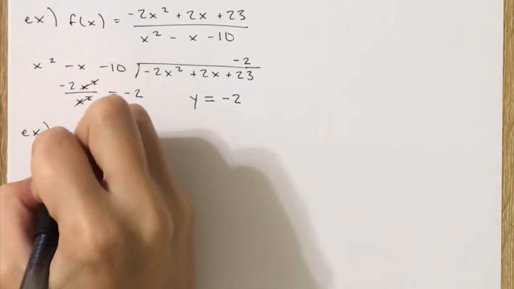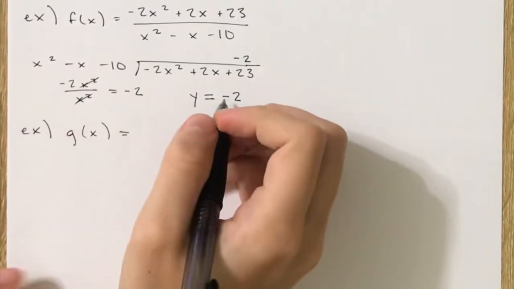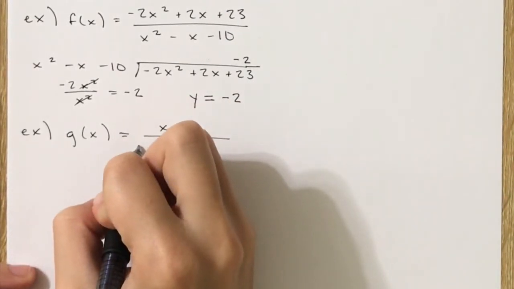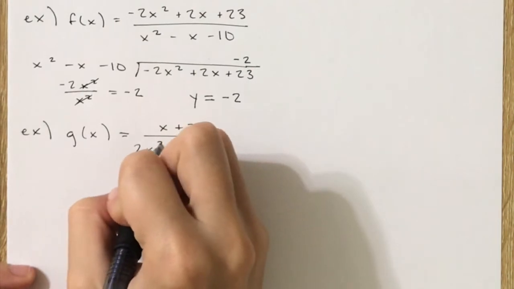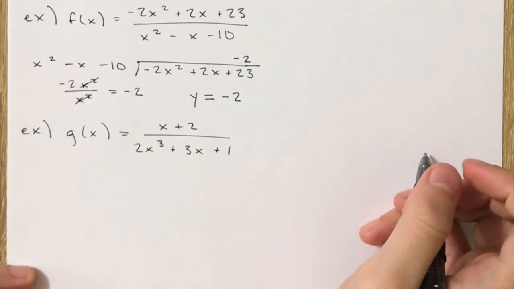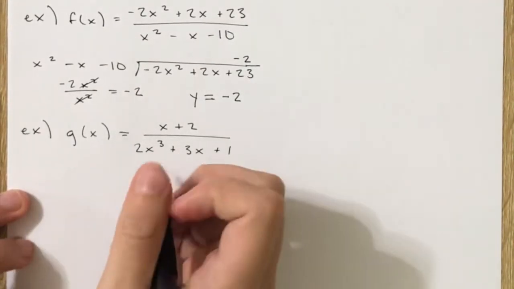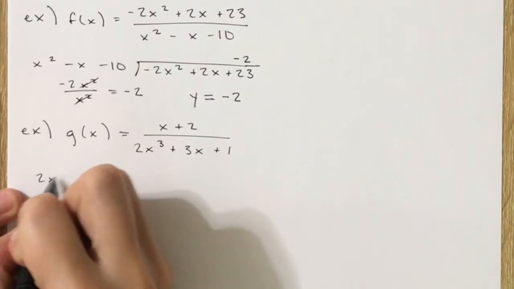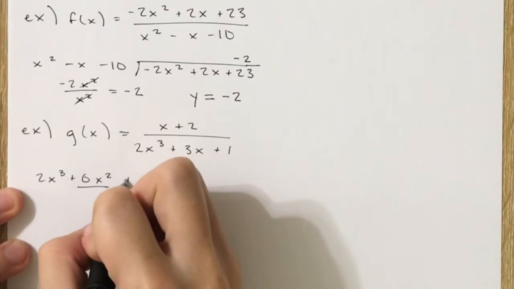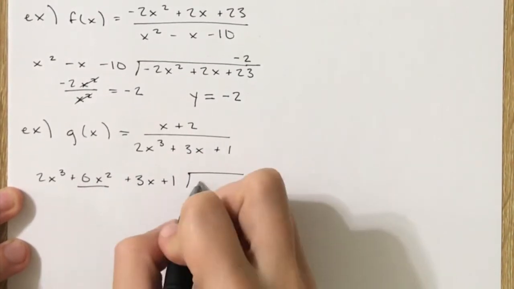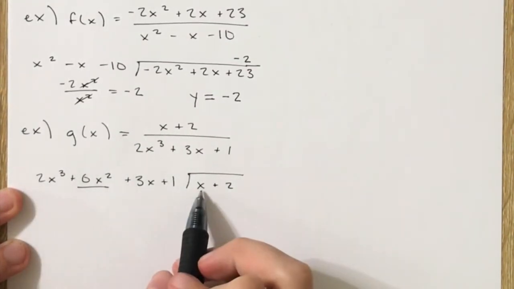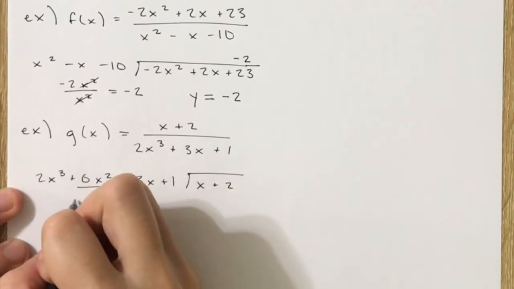Let's say we have g of x equals x plus 2 over 2x cubed plus 3x plus 1. Let's set up that division problem. So we're dividing by 2x cubed plus 0x squared. Can't forget that placeholder. Plus 3x plus 1, and we're dividing x plus 2. Again, we're dividing first term by first term.